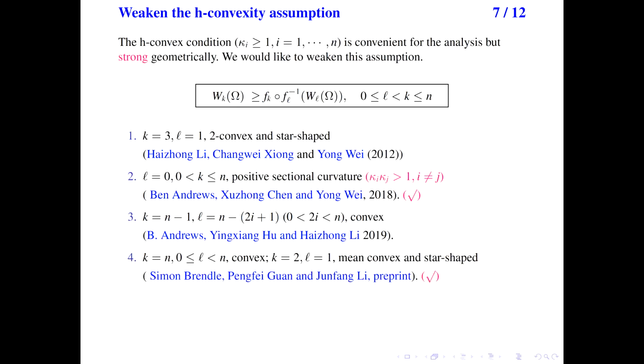And recently, Brendle, Guan, and Li proved the inequality for convex domains with k is n and l smaller than n, and for mean convex and star-shaped domains for k is 2 and l is 1. They introduced a new locally constrained curvature flow, which I will discuss in part 3 of my talk. Now the question is, can we prove the inequality for all k greater than l for k-1 convex and star-shaped domains?